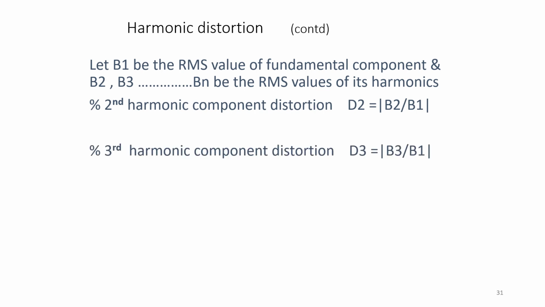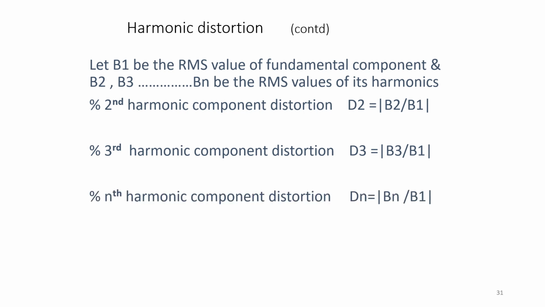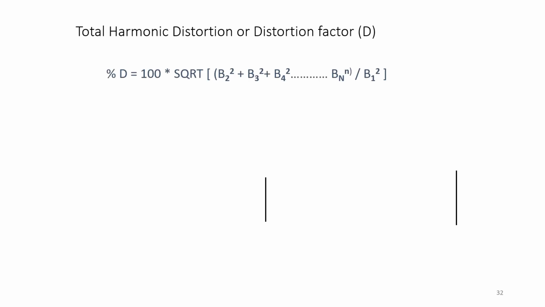If B1 is the RMS value of the fundamental component, and B2, B3 to Bn are the RMS values of its harmonics, then the percentage second harmonic distortion D2 is given by B2 by B1. The third harmonic component is B3 by B1, that is the harmonic divided by the fundamental component. The nth harmonic is Bn by B1. The percentage distortion can be given as 100 into the square root of B2 square plus B3 square plus B4 square up to Bn square, divided by B1 square.